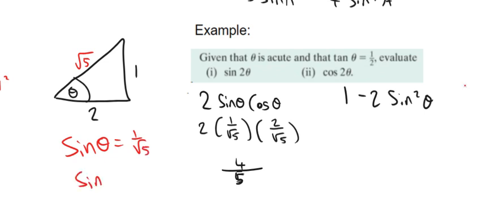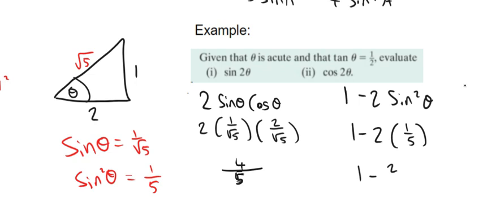Therefore sin squared theta, that's just sin theta all squared, has to be 1 squared is 1, root 5 squared is 5, root 5 times root 5 is 5. So I'm just going to get 1 minus 2 times 1 over 5, which is 1 minus 2 over 5, which is 3 over 5. So that's it, that's those two things evaluated.